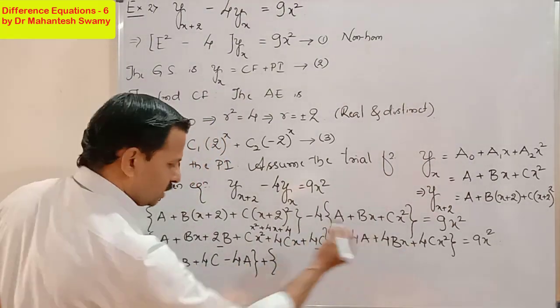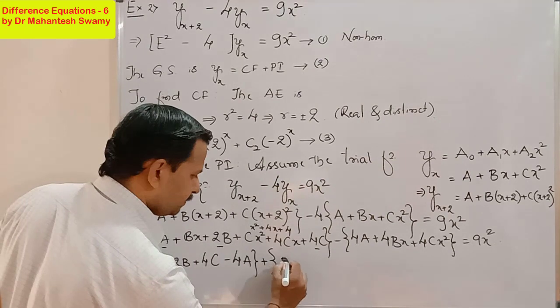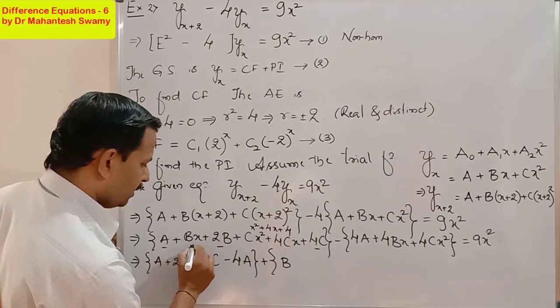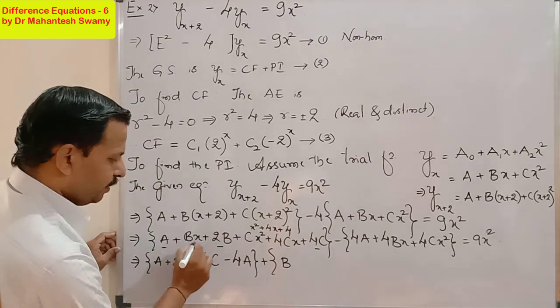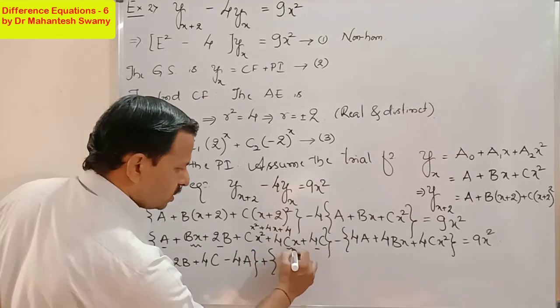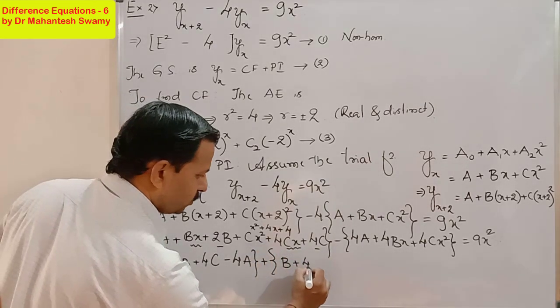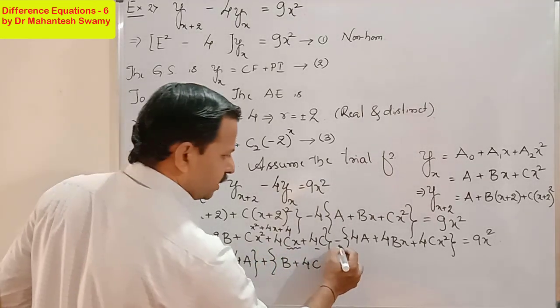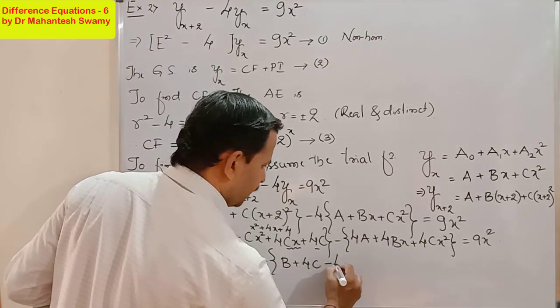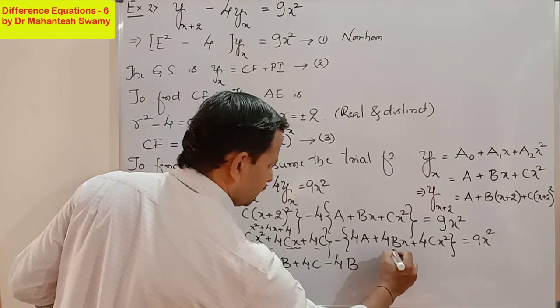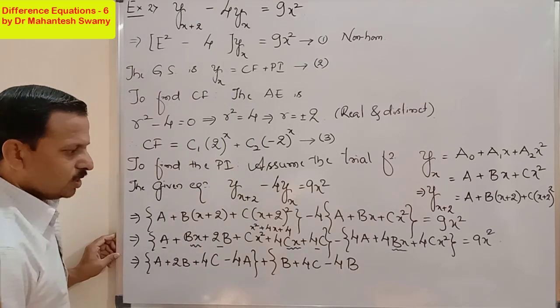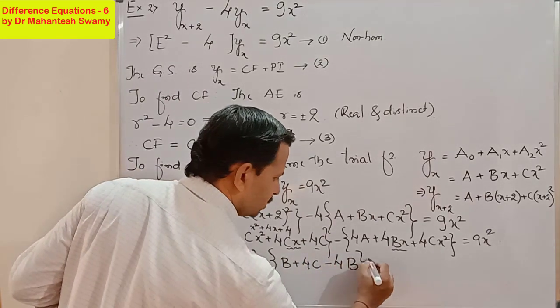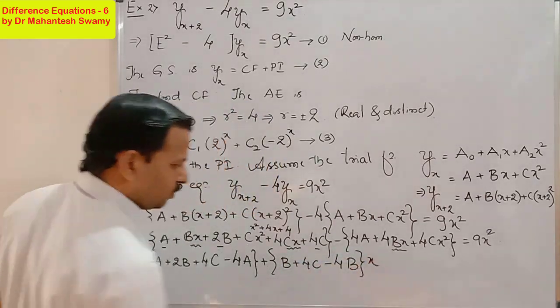It is b here, and 4c here, and minus 4b here; these are the terms with x, so x has been written outside.